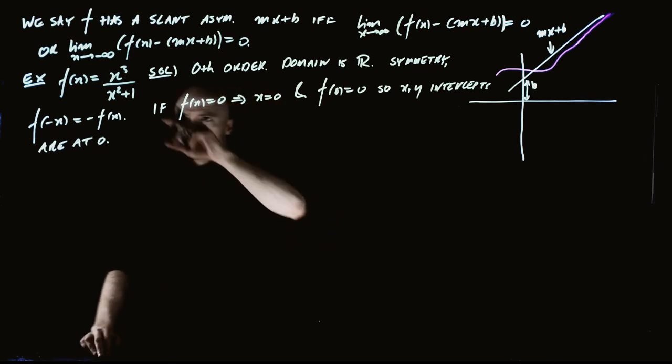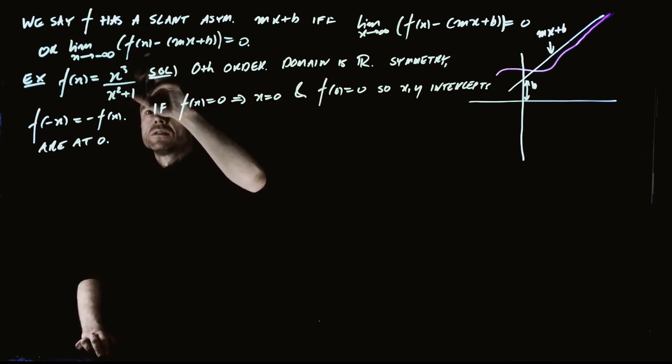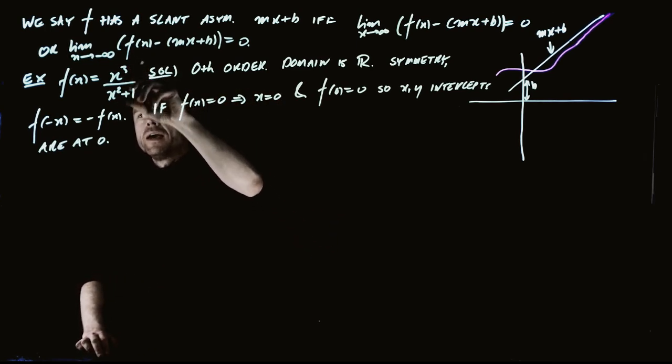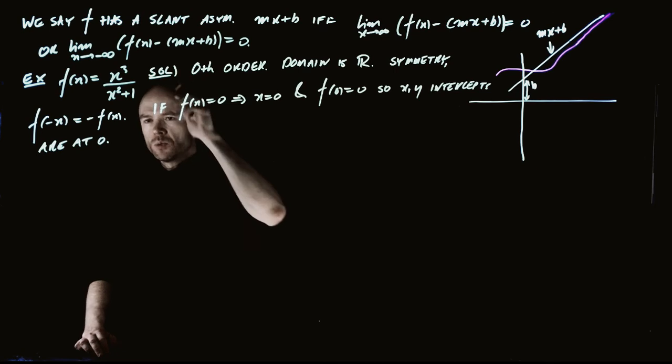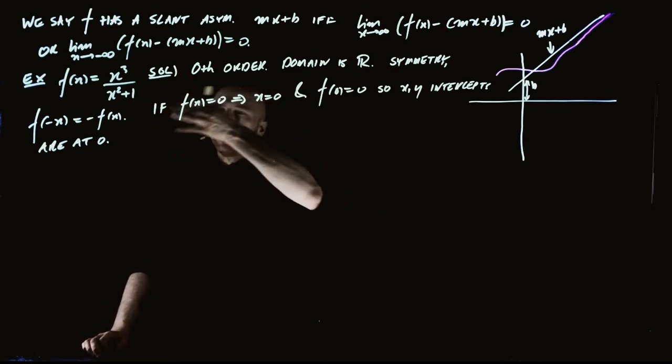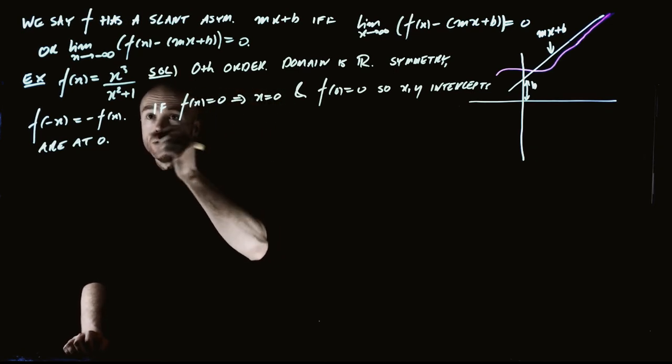Yeah? But if we look at this thing, then for very large x, this guy is an awful lot like x to the 3 over x squared. Because again, the same reasoning, this plus 1 is very negligible for very large x. So it looks a lot to us that, for large x, this thing is just like x itself.